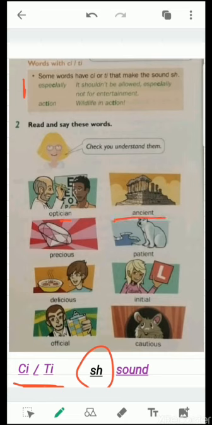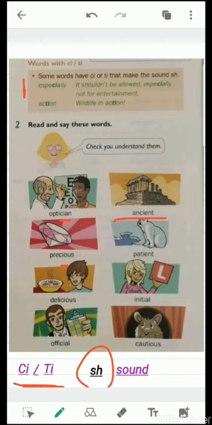Number 2, ancient. Ancient. The CI is pronounced sh. قديم معناها. Ancient. Precious. Precious. ثمين. Precious. Also the CI is pronounced sh. Patient. Patient معناها صبور هنا.